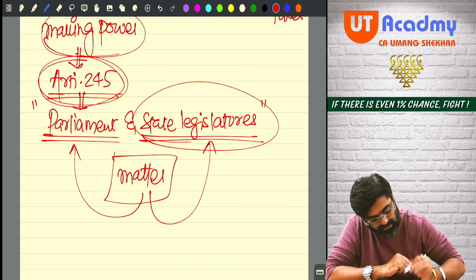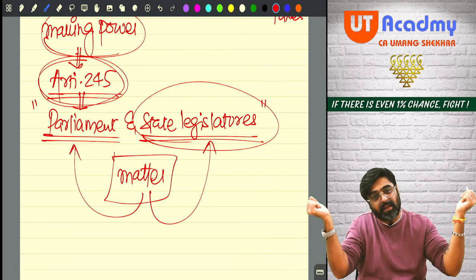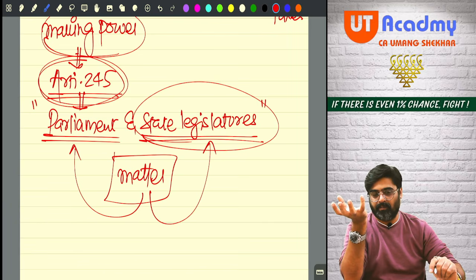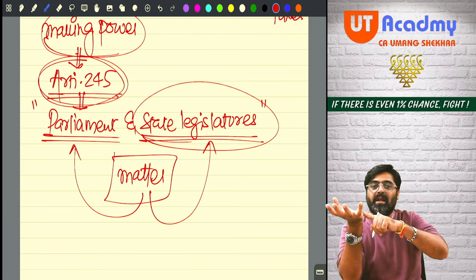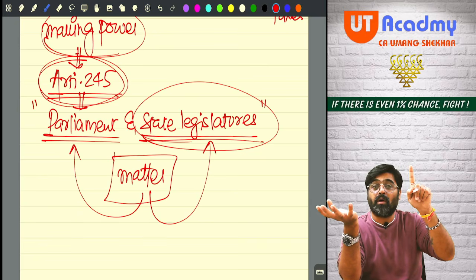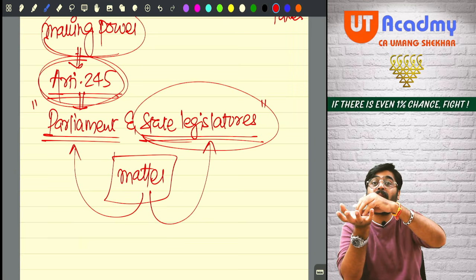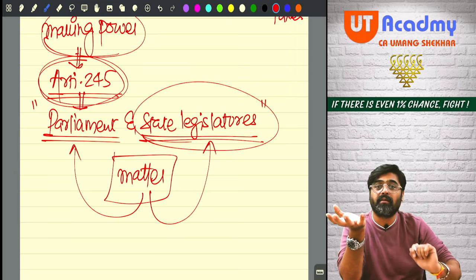On this same matter, the parliament, the central government, is saying that this is a matter on which there should be only one law applicable throughout India, and which will be implemented by the central government in India.